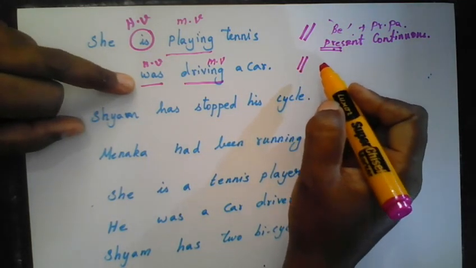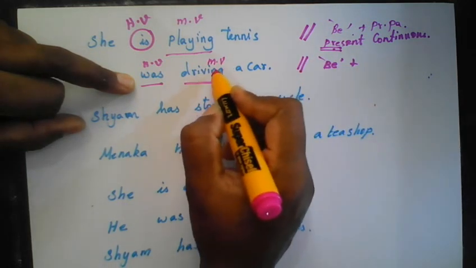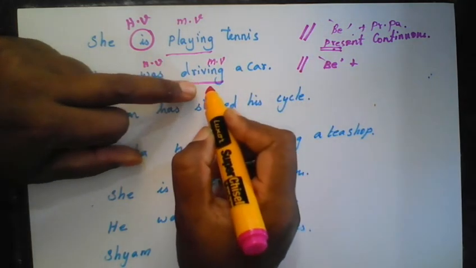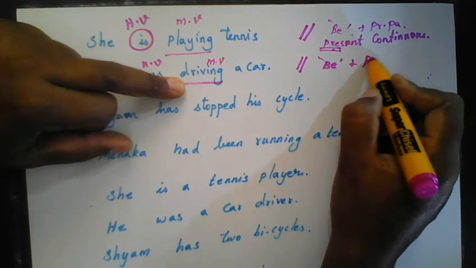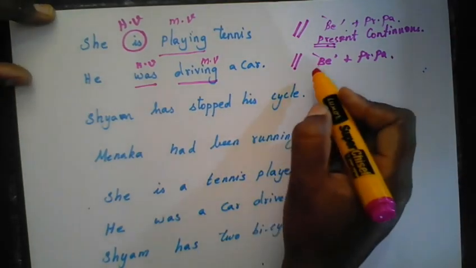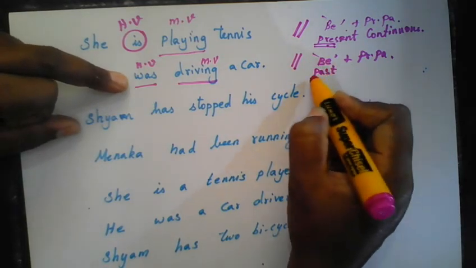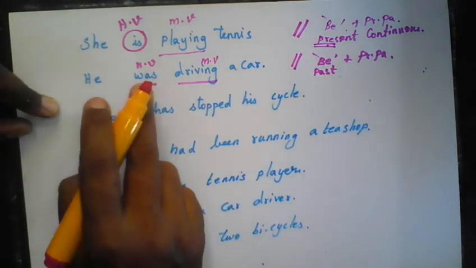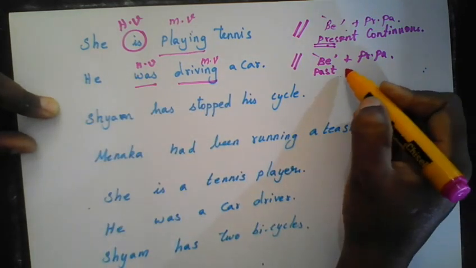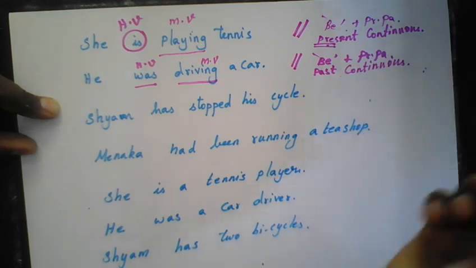Was is your be verb, plus the main verb with ing, so this is the present participle. Now, what kind of be verb is this? This is a past tense be verb. So what tense does it belong to? This is past continuous.